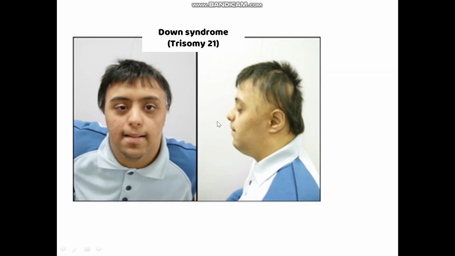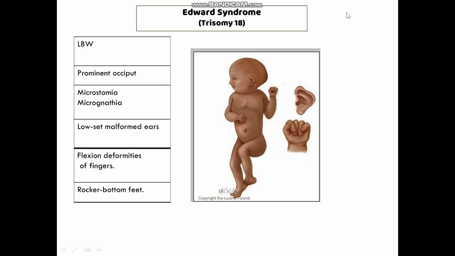Here is a picture of an adult with Down syndrome or trisomy 21. As for Edwards syndrome, which is called trisomy 18, the baby will usually have low birth weight, prominent occiput, microstomia, micrognathia, low set malformed ears, flexion deformities of fingers, and rocker bottom feet.